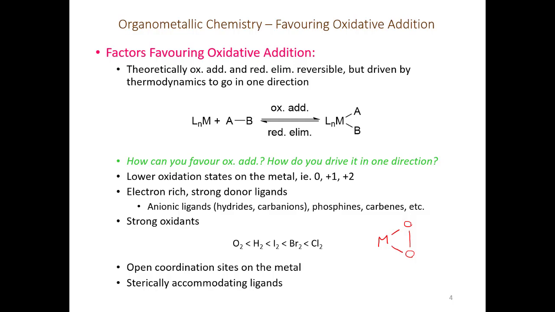And the reason for that is that it allows AB to more readily bind to the metal center. And it also makes the product, which has a higher coordination number, less sterically crowded. It's also important to note that third row transition metals in general form stronger metal ligand bonds, and because of that, they are much more prone to oxidative additions than reductive eliminations.